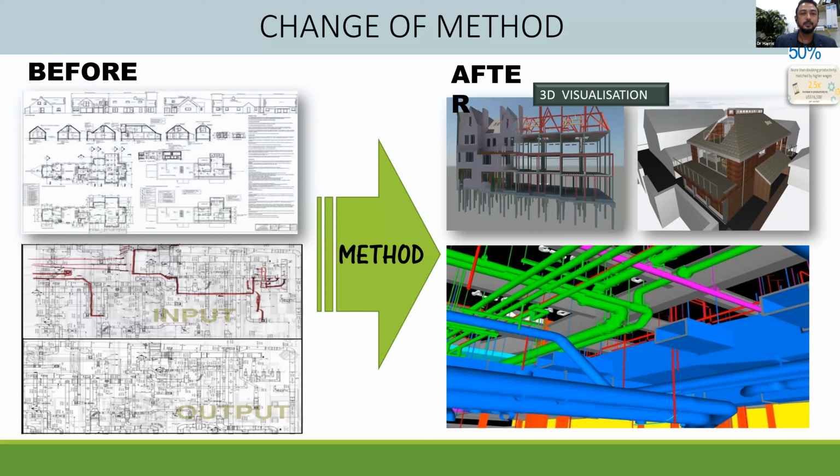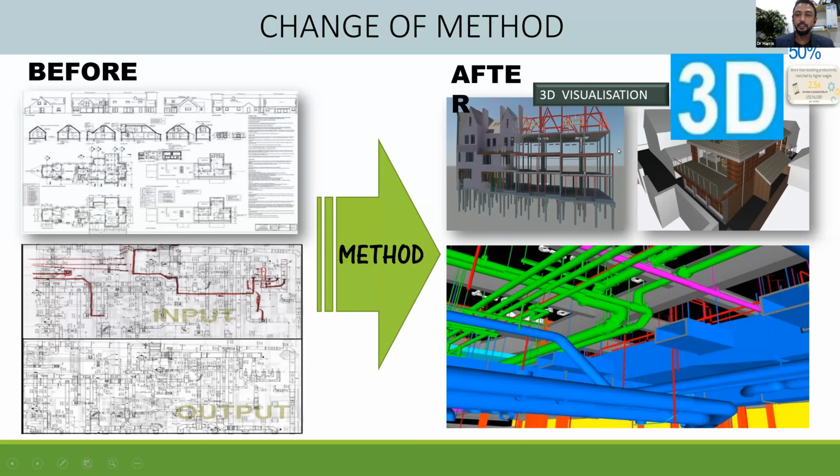For example, previously we only implemented the construction process using 2D drawings. Now with the 3D software like Revit, ArchiCAD, Bentley, and so on, we can have a 3D model visualization. And as everyone knows, this is called 3D in the BIM implementation. 3 dimension. We get the 3 dimension from the 2D models.